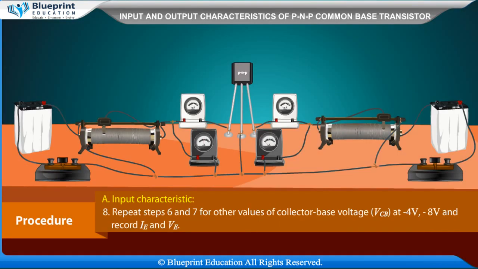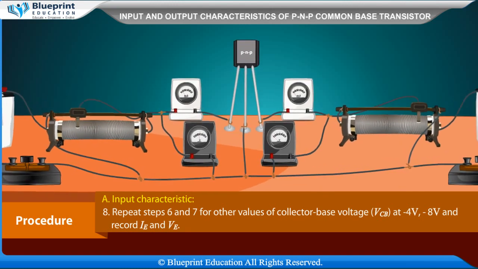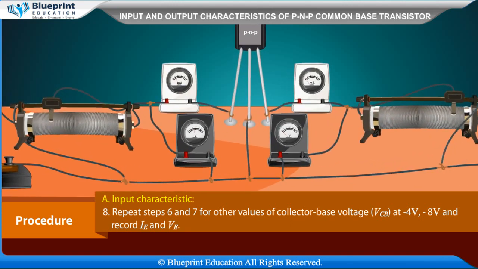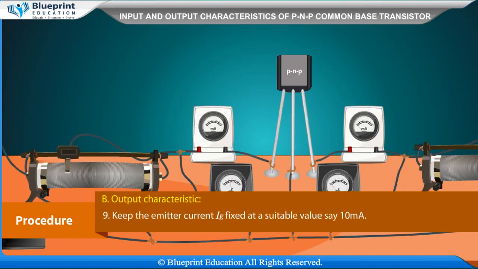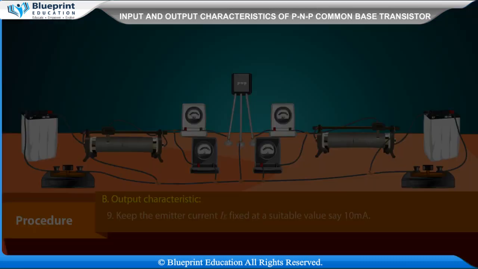Repeat steps 6 and 7 for other values of collector base voltage VCB at -4 volt, -8 volt and record IE and VEB.